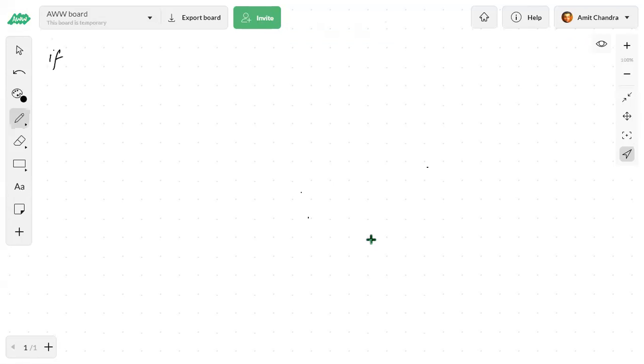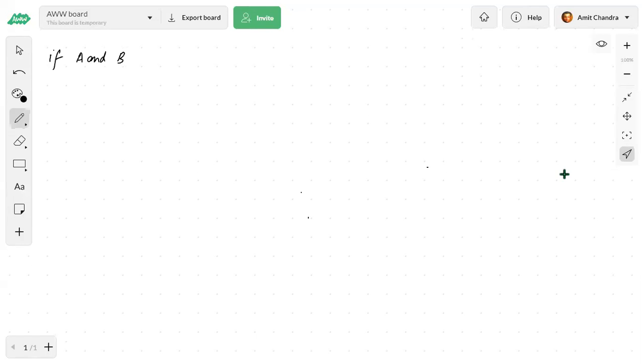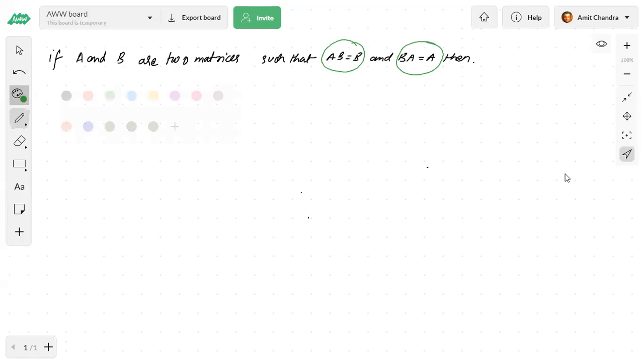If A and B are two matrices such that AB is equal to B and BA is equal to A, then the question was how A square is equal to A and B square is equal to B. We will prove that. So I will prove that only.